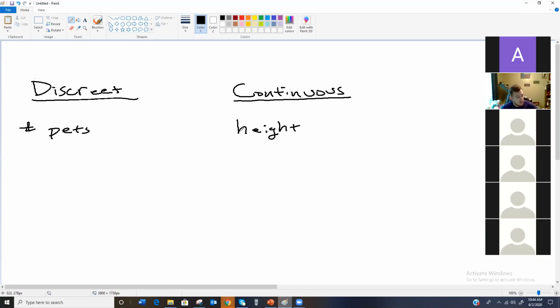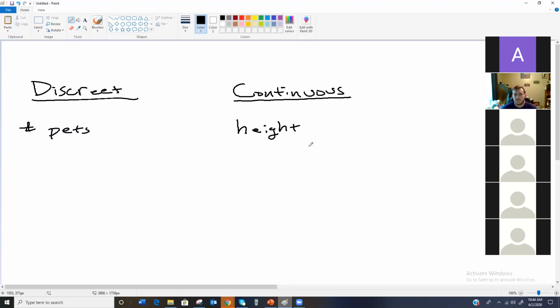But in theory, it's continuous. We'll go with metric because it's a lot easier. If you're measuring how high a ball bounces, you could say this ball bounced 10.2 centimeters high. That would be continuous because you're not stopping at 1, 2, 3, 4.